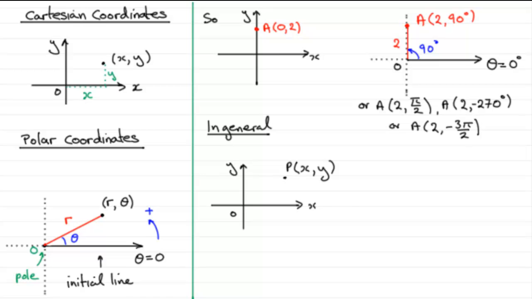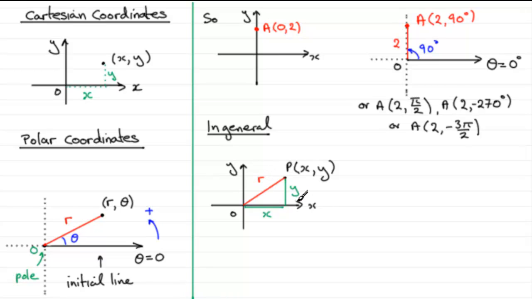We know that if we were to go in that direction, it would be x units. If we go in that direction, it's y units. But to express this in polar coordinates, we would need to work out this distance here, r.